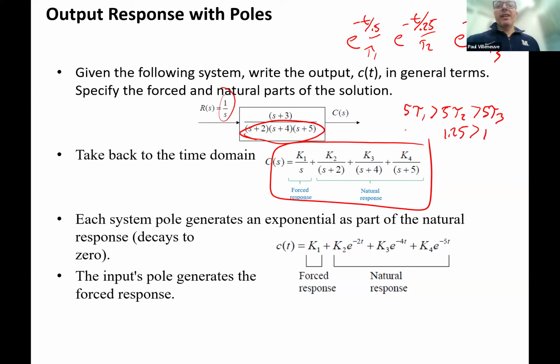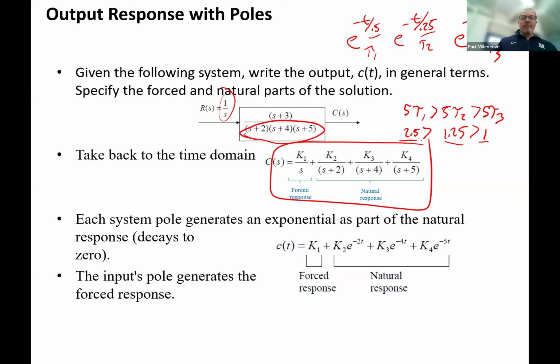And 5 times 0.5 is 2.5. So remember, the time constants have units of seconds. 5 time constants is when it reaches steady state. That one decays first because it only takes 1 second to go bye-bye. That's number 2. And that's number 3.